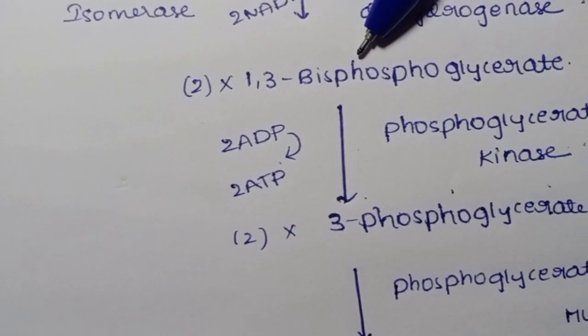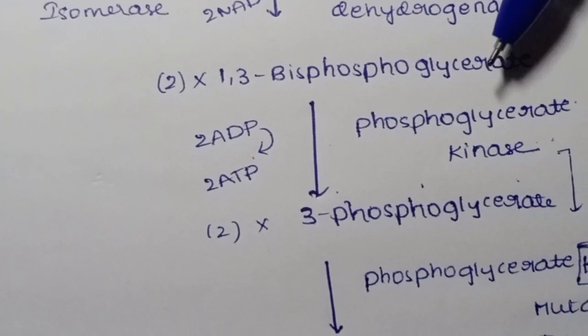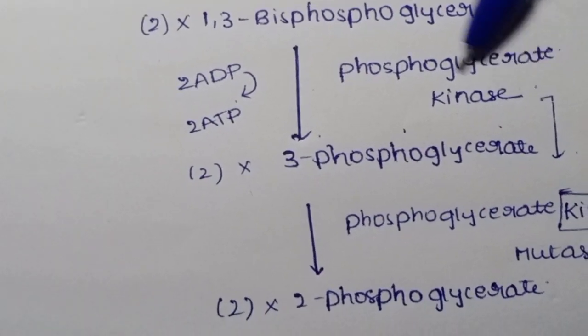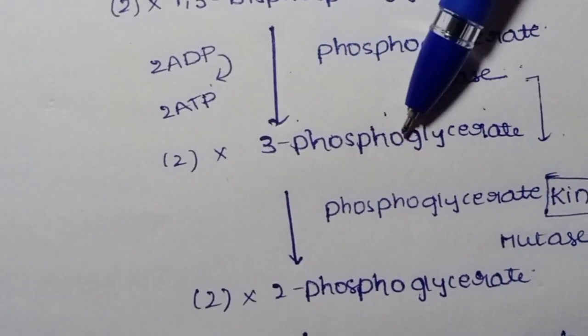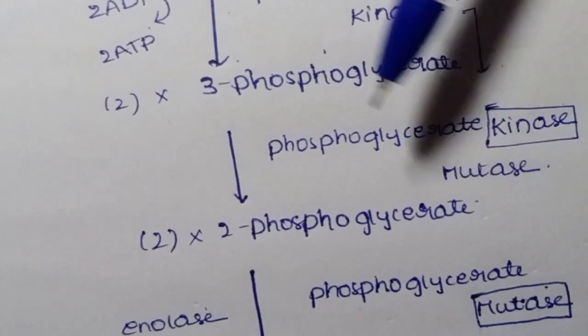So next it gets converted to 1,3-bisphosphoglycerate by using phosphoglycerate kinase, and also 3-phosphoglycerate and 2-phosphoglycerate.